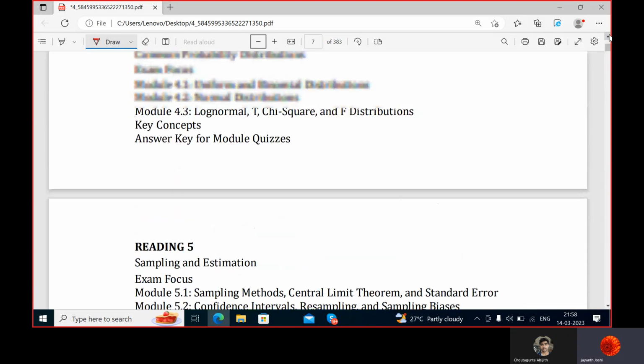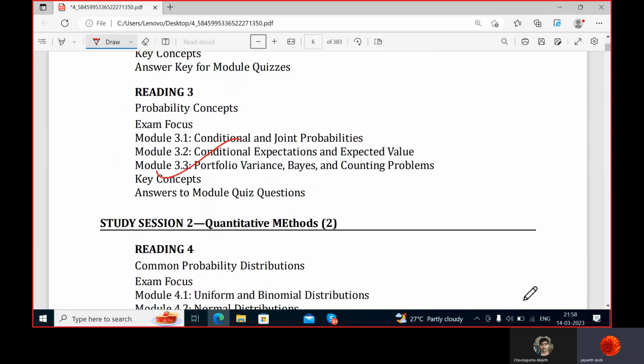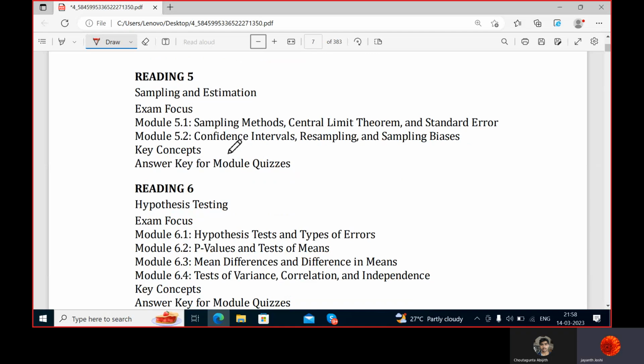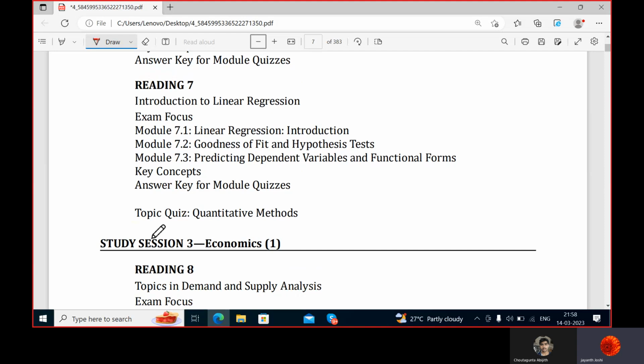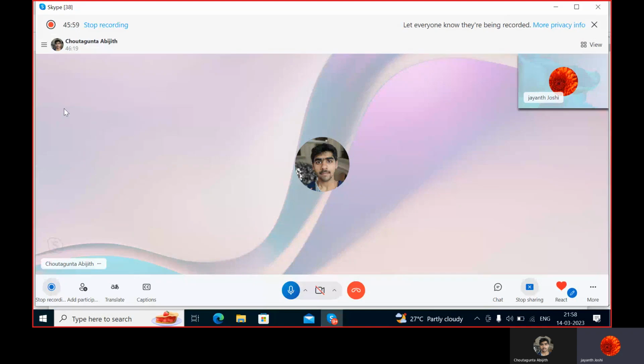Probability is done. So Saturday we can target distribution. Saturday and Sunday distributions will be done. Then sampling and hypothesis testing. Coming next week, your statistics should be done, Abhijit. Then we'll start economics.